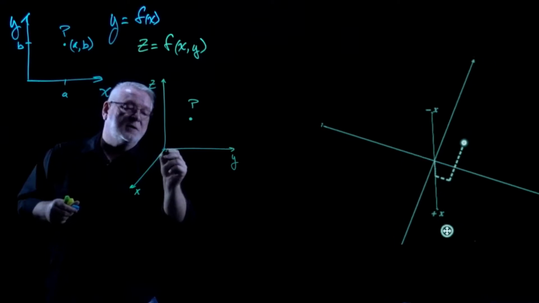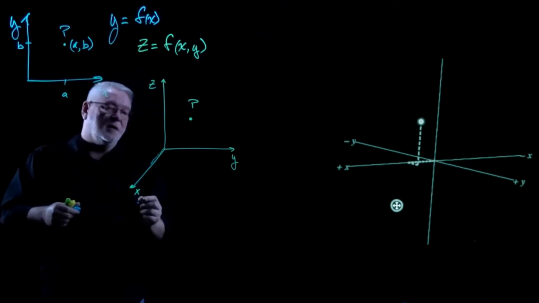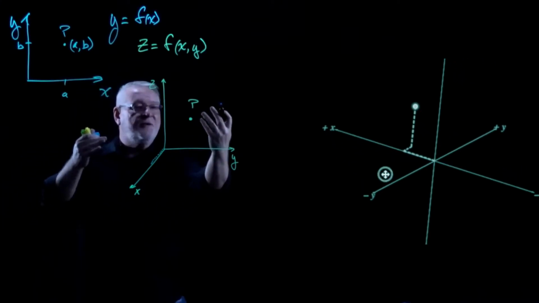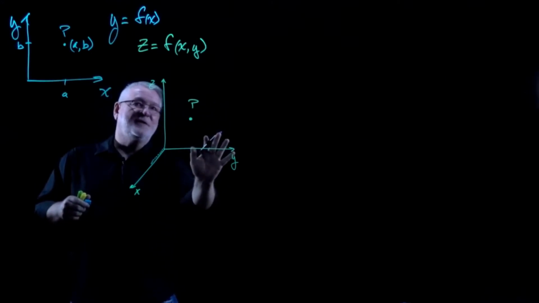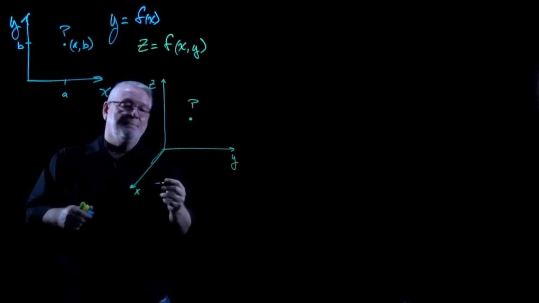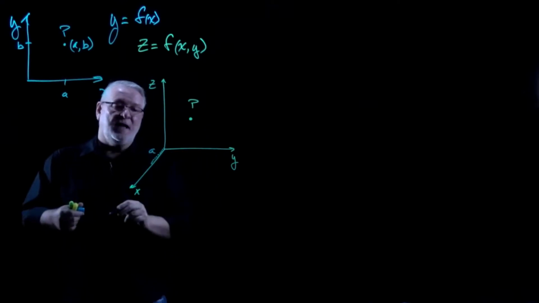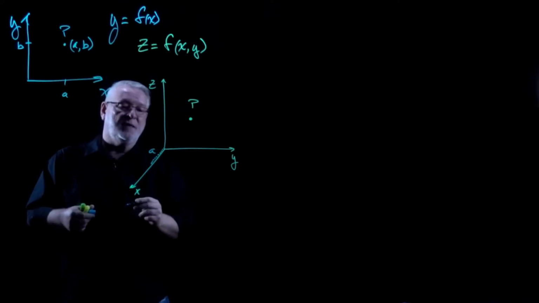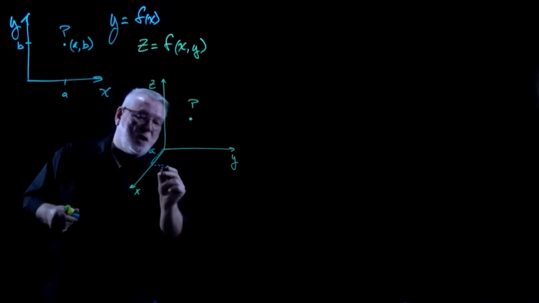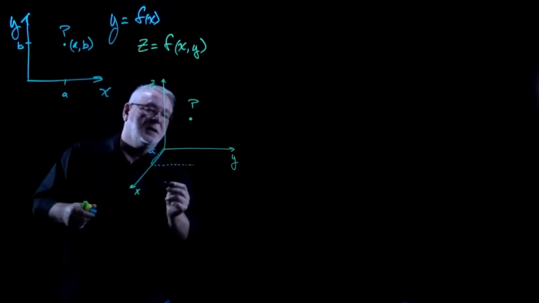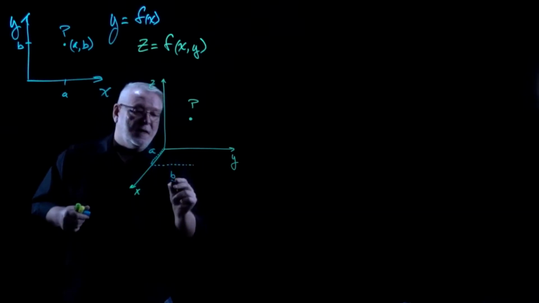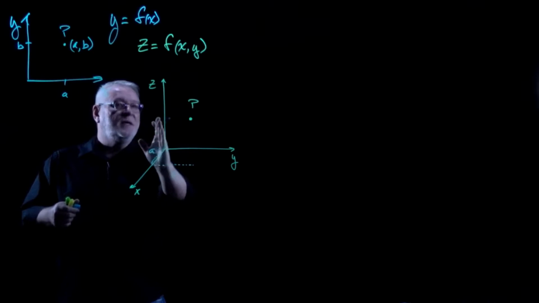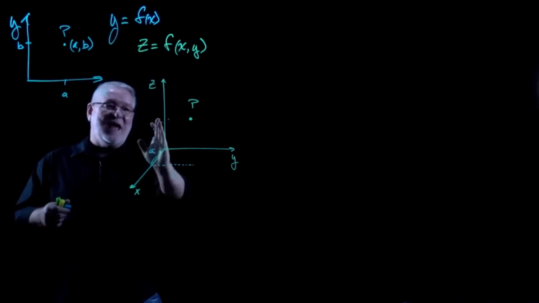To do so, we're going to trace out along the x direction for how far forward point P is from the zy plane. I'll call that distance a. So that'll be the first coordinate of point P. And then we'll trace across in the y direction, and that will be the second coordinate b, and of course it represents how far point P is from the zx plane.